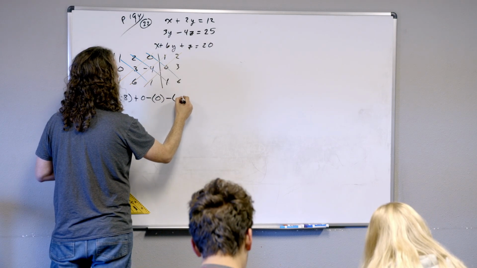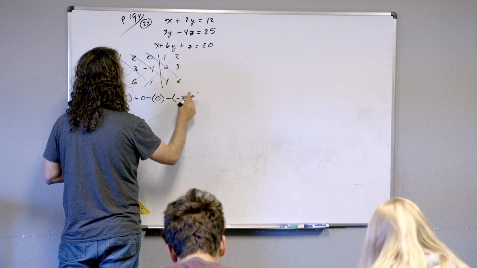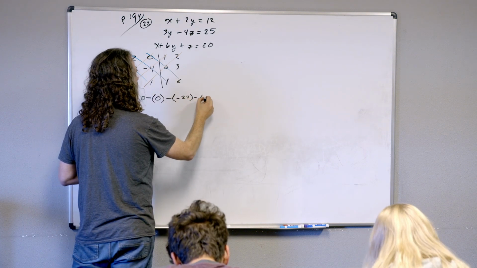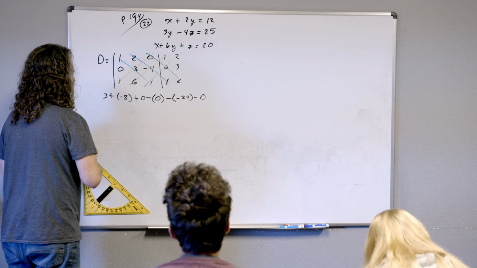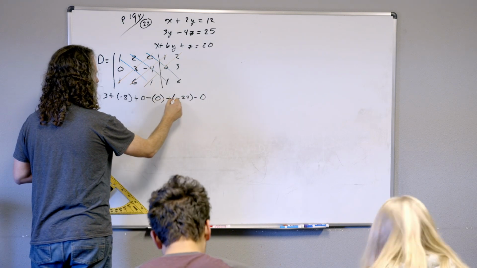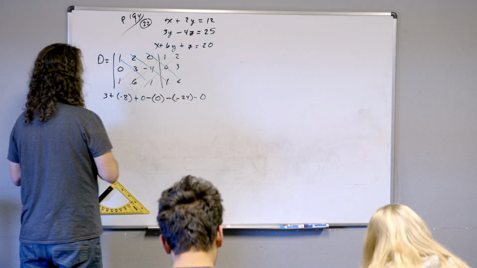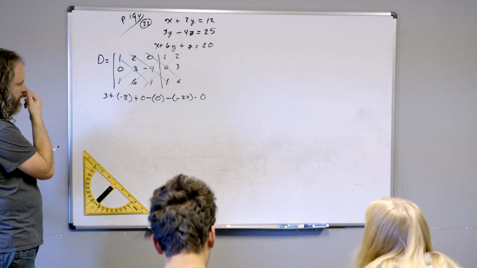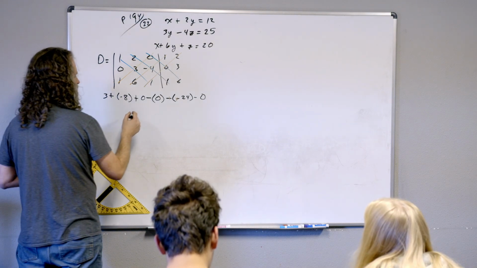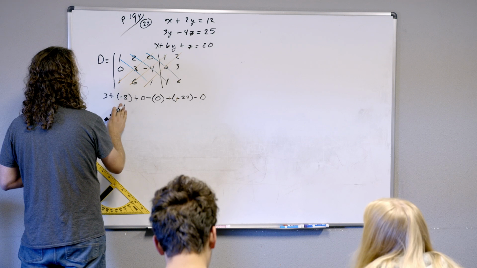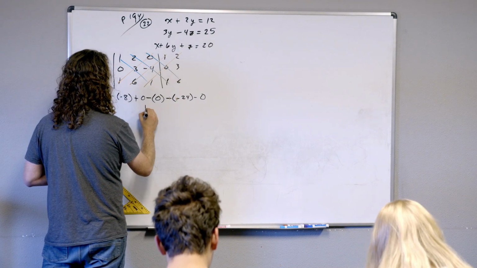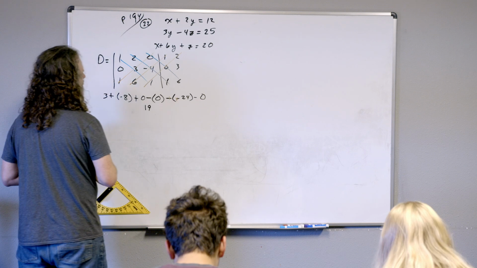Minus 0. Minus -24. Minus 0. Yay. Okay. We like all these zeros. We do. -5 plus 24. 29. Right? -5 plus 24 is 19. I was adding. I know.